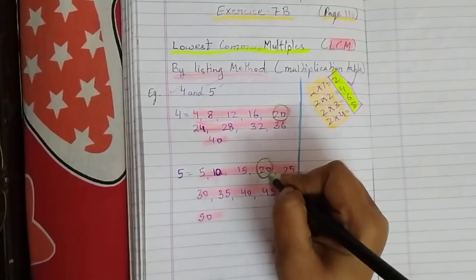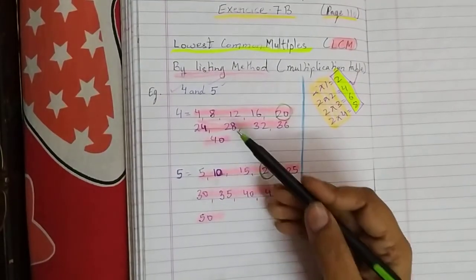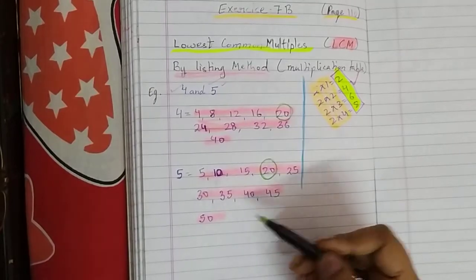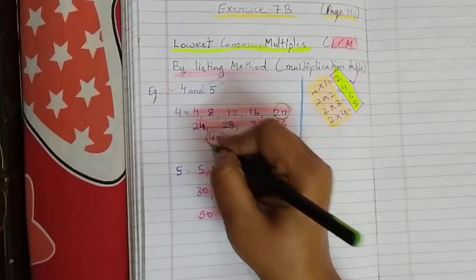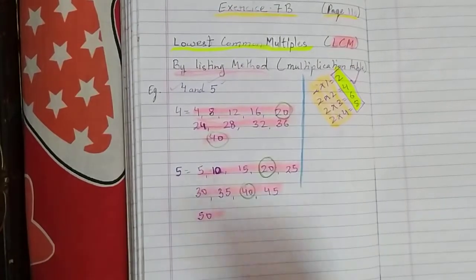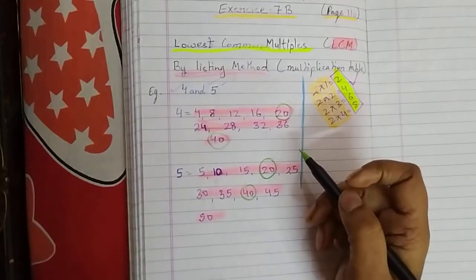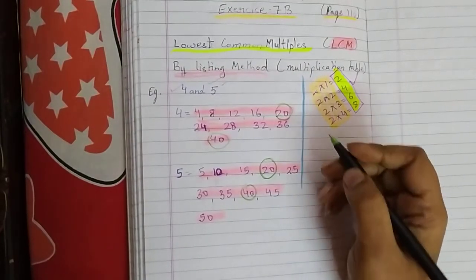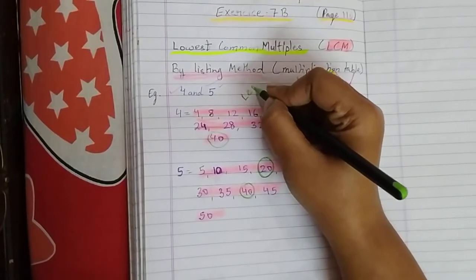Circle 20. Now 24, no. 28, no. 32, no. 36, no. 40, yes. Now, you can continue, but we are talking about the lowest common multiple, that is LCM.